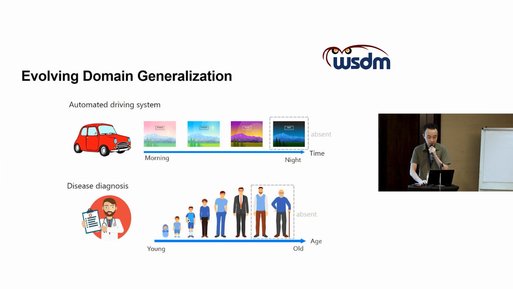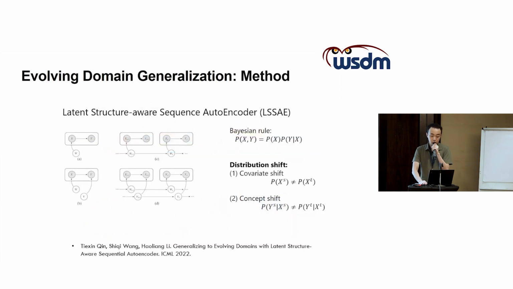That is basically the setting for evolving domain generalization. Mathematically, we have data based on timestamps from 1 to t, and we want to predict the data coming from timestamp t+1.